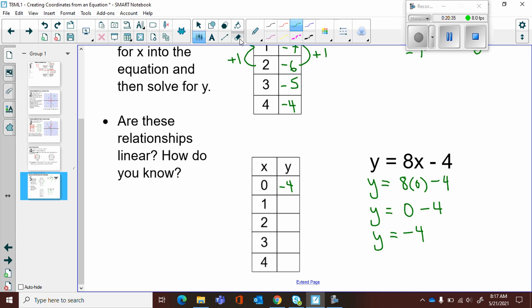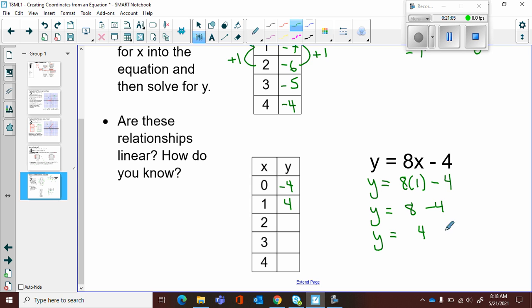Let's erase this whole thing. Now we're going to try the next point. So when x is 1, I'm going to substitute in a 1 into this equation and see what that gives me for a y value. 8 times 1 is 8. 8 minus 4 is 4.